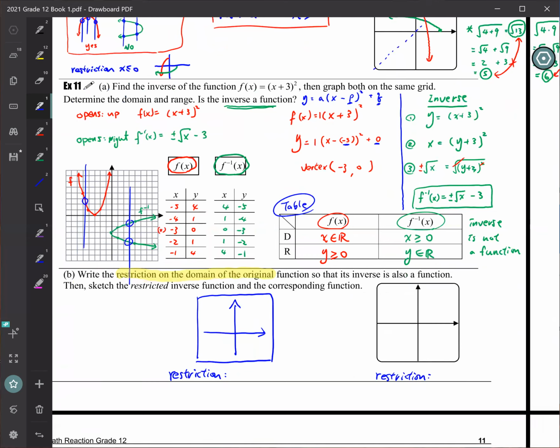So sketch both the restricted inverse and the corresponding function. Corresponding means the original.